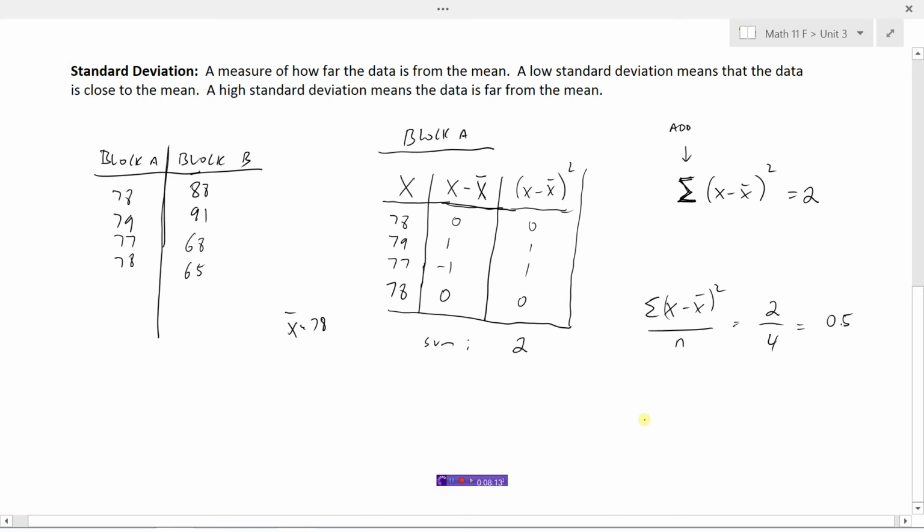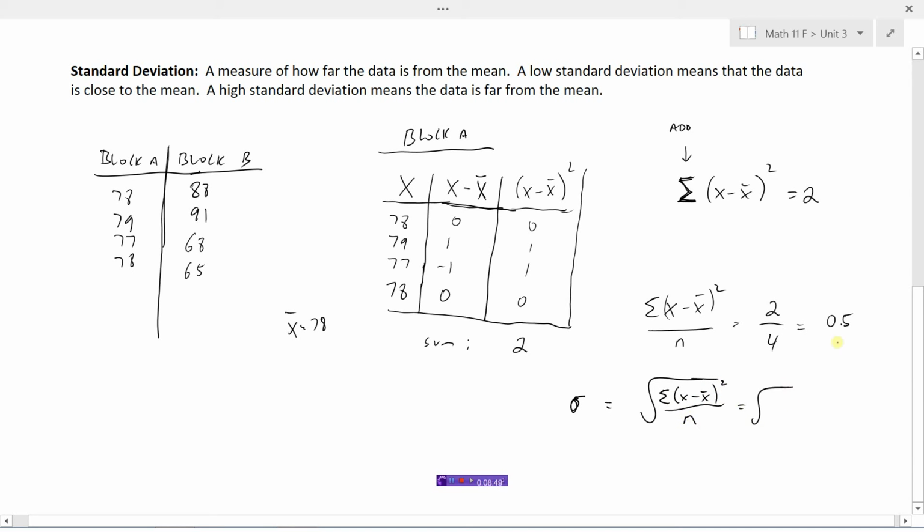And then finally, the last thing we're going to do is square root this. Because we had squared some data points here, now we're going to square root this. So the standard deviation, which is given by this little symbol here that looks like a 0 with a bit of a hat on it, is equal to the square root of the sum of the differences squared divided by n.